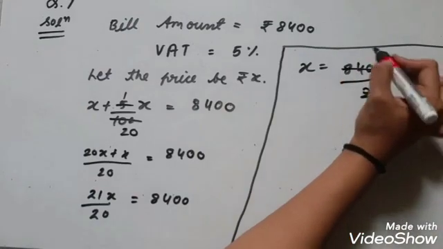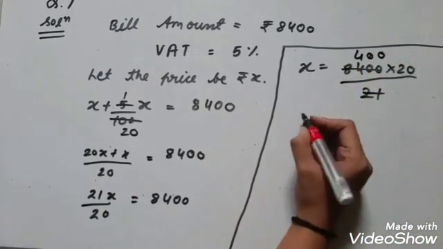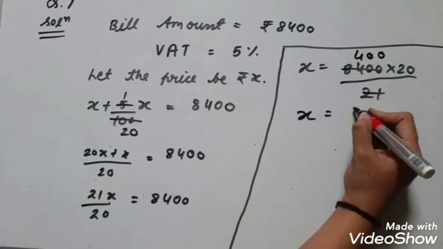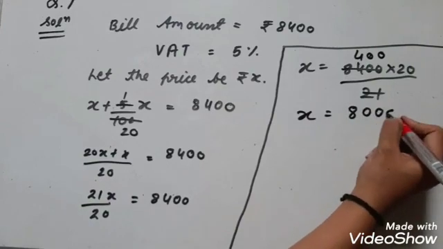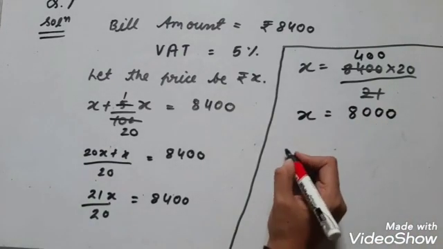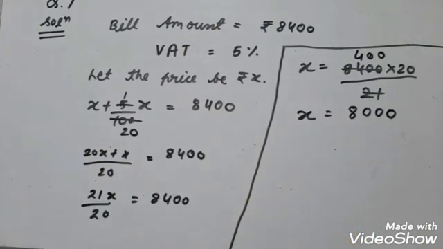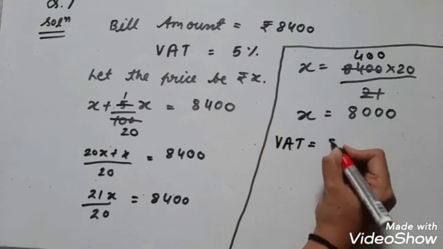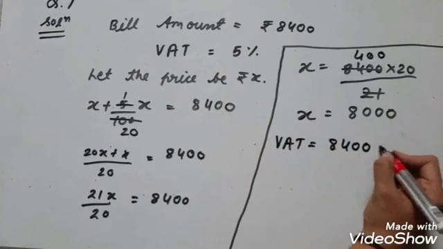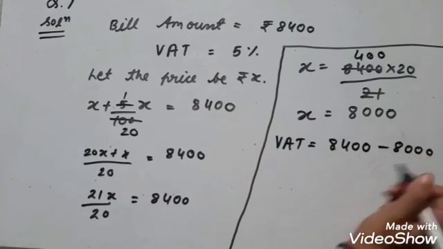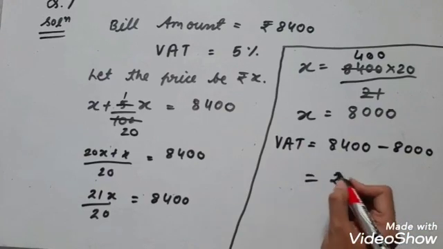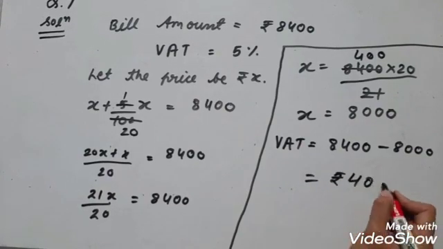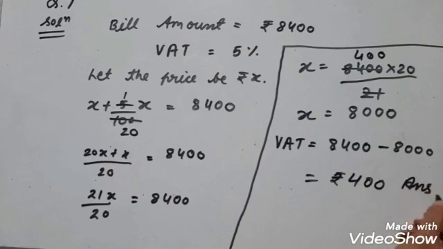We can cancel it 4 times. So the value of X, means the original price, is rupees 8000. So here we have to find out the value added tax. Bill amount 8400, original price 8000. So value added tax is rupees 400. Answer.